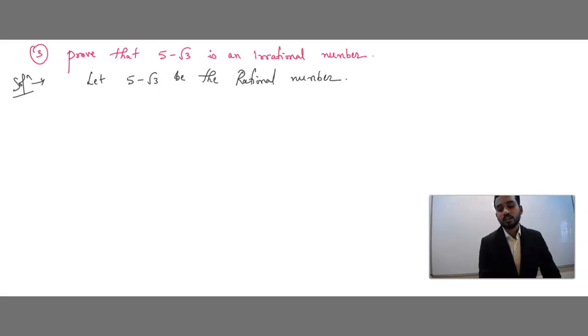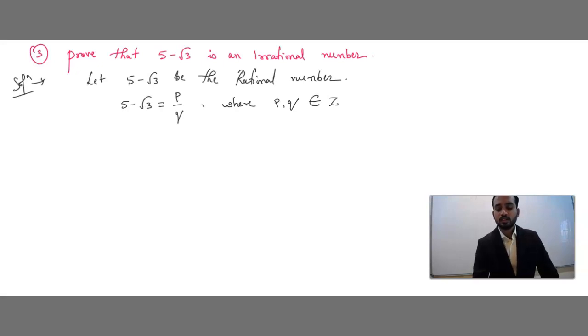First, let me assume this as a rational number. That's nothing but 5 minus root 3 equals P by Q, where P comma Q belongs to Z, that is, integers, and Q value should not be 0.